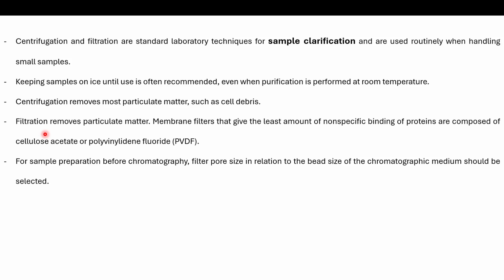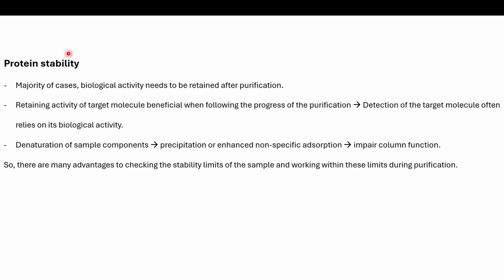Okay. For sample preparation before chromatography, filter pore size in relation to the bead size of the chromatographic medium should be selected. Okay. Now we have to consider the protein stability as well.